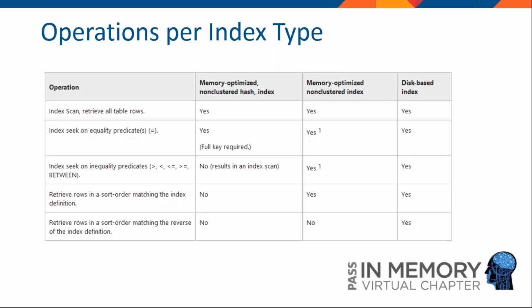Or, on the other hand, if you're using an equality predicate, an equals operator, maybe you need to use a hash index, and then you're going to get even more performance out of your in-memory tables. So this is a quick reference for you to have. It's very useful, especially for performance tuning while using in-memory tables.